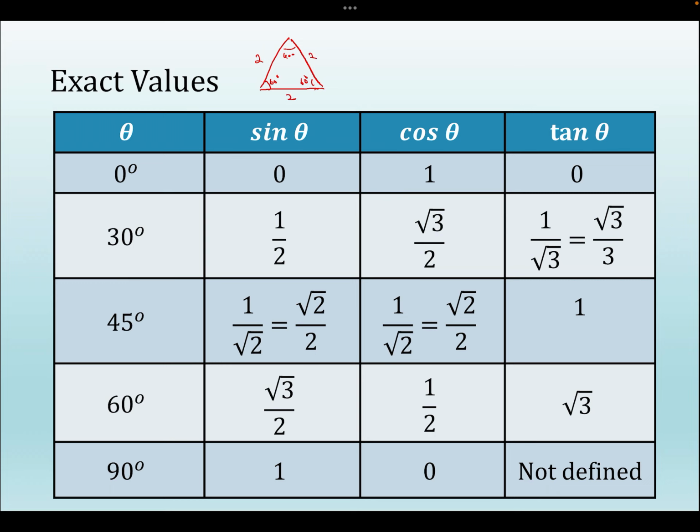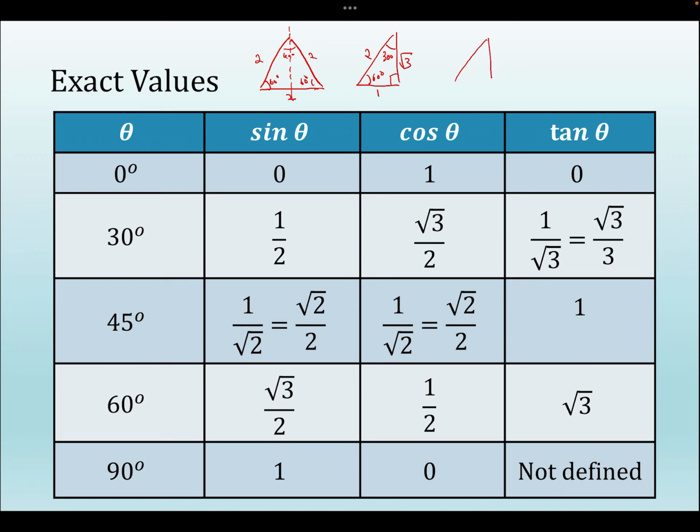And all three sides would be 2, 2, and 2. So if you split that into 2, you've got 30 degrees, 60 degrees, 2 units, 1 unit, and therefore this square root of 3. And you can derive your exact values of 30 and 60.